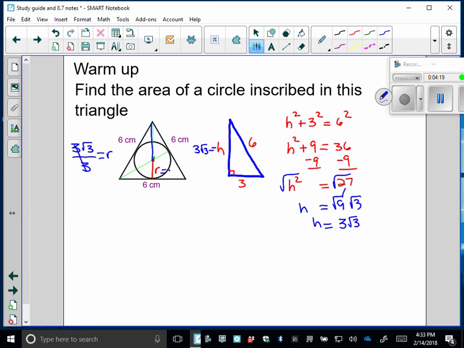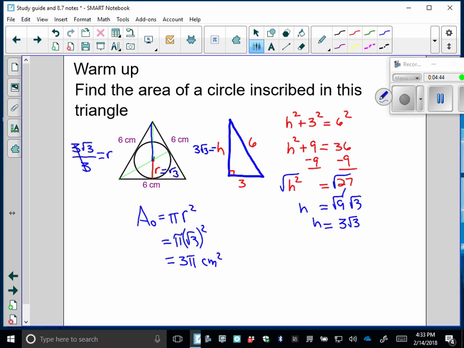So r is just the square root of 3. So the area of the circle is pi times the radius squared, which is pi times the square root of 3 squared, which is 3 pi, and our units are centimeters squared.